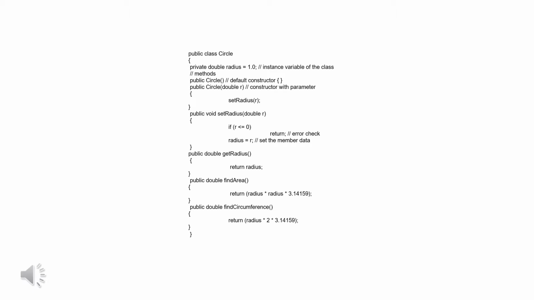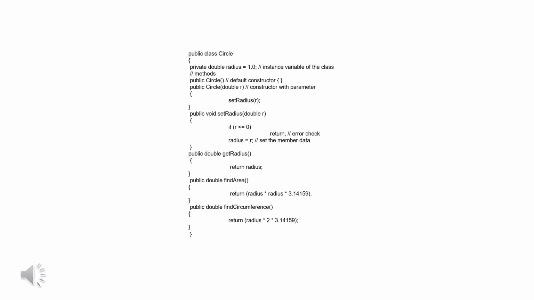So that's the set radius. The second one we have get radius. Get radius, this method is responsible for returning the value of the radius. So if we call this method, what it does, it returns the radius of this circle.